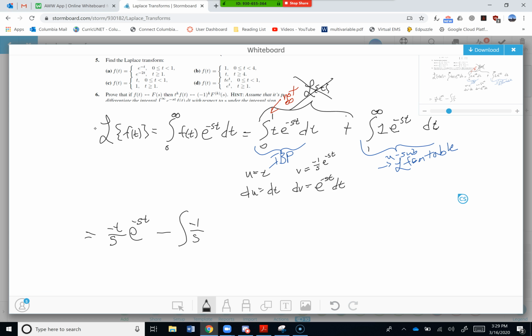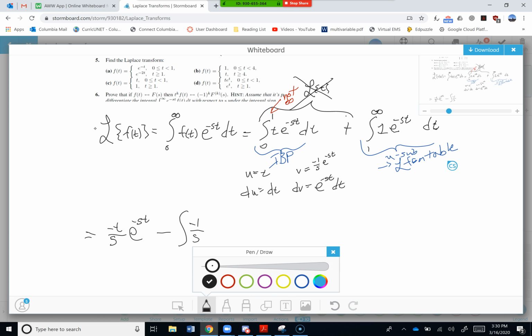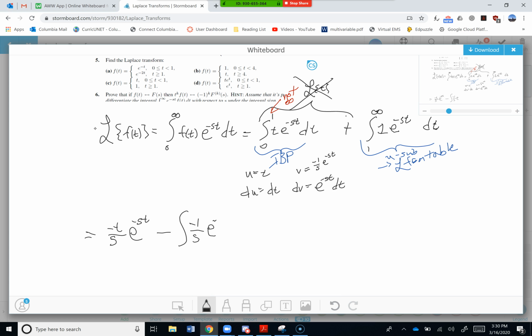So that's minus 1 over s. Oops. What did I lose? I lost an e to the minus st dt, and then Zach's right, I more importantly lost the bounds.